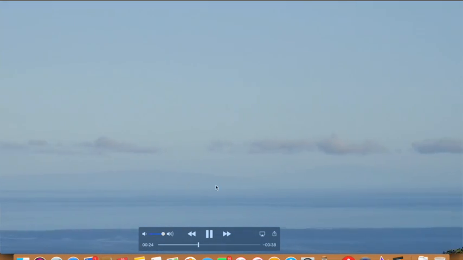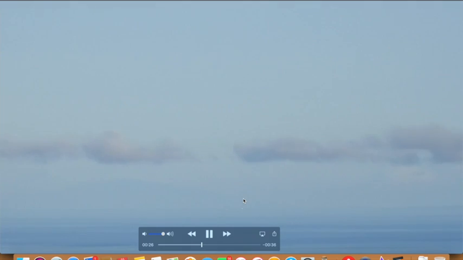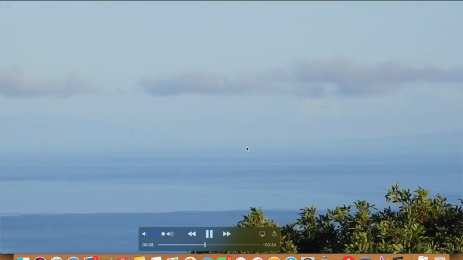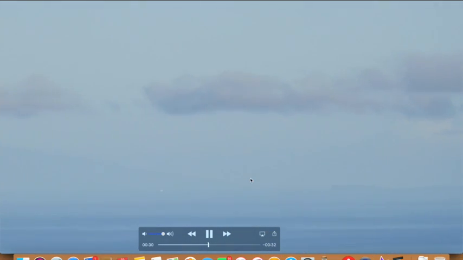Here's Kaolave in the foreground, Lanai. And here's Molokini. Okay, again, you can kind of see the shoreline lower than the horizon. Okay, can you see that on both sides?